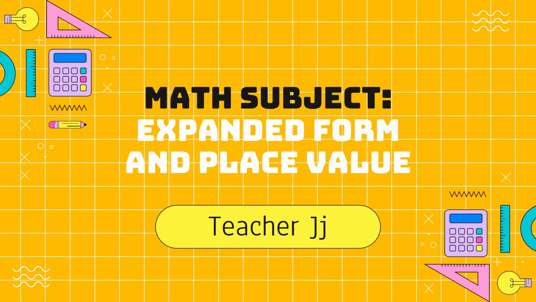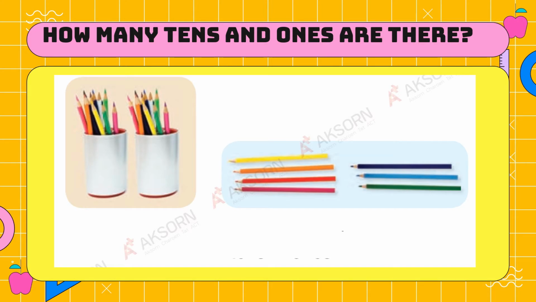So let's start. We have here a pencil. How many tens and ones are there? First, let's count how many pencils there are in the container. We have two containers. One container contains 10 colored pencils.